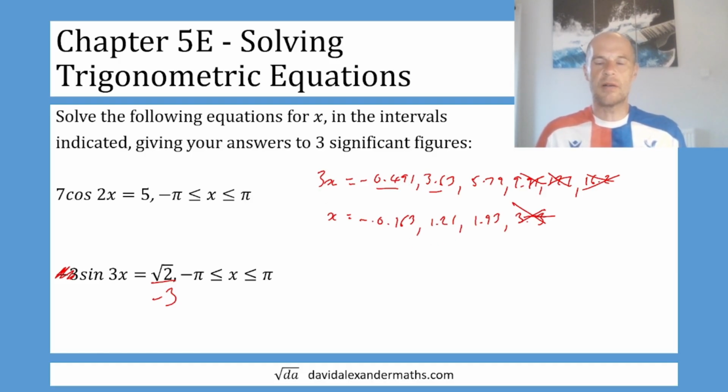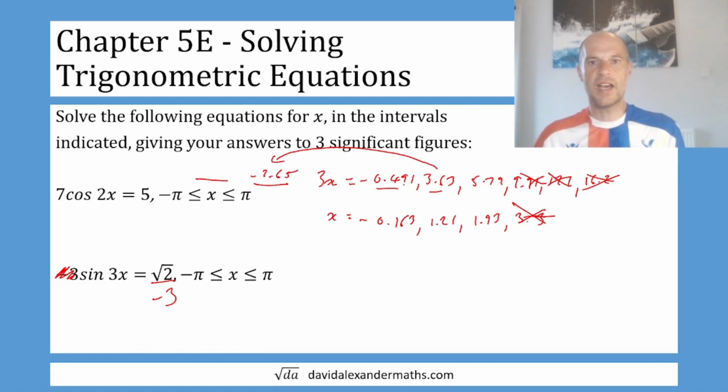But there might be more solutions lower than negative 0.163. Now, it's the 3x ones I'm going to go back to. The solution that is before the negative 0.491 is the one above it, so minus 2 pi. So 3.63 take away 2 pi, and that is minus 2.65.